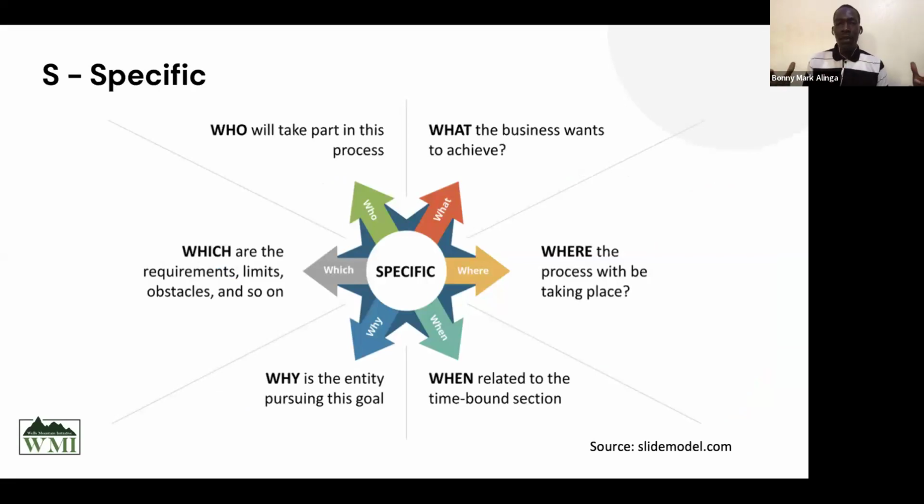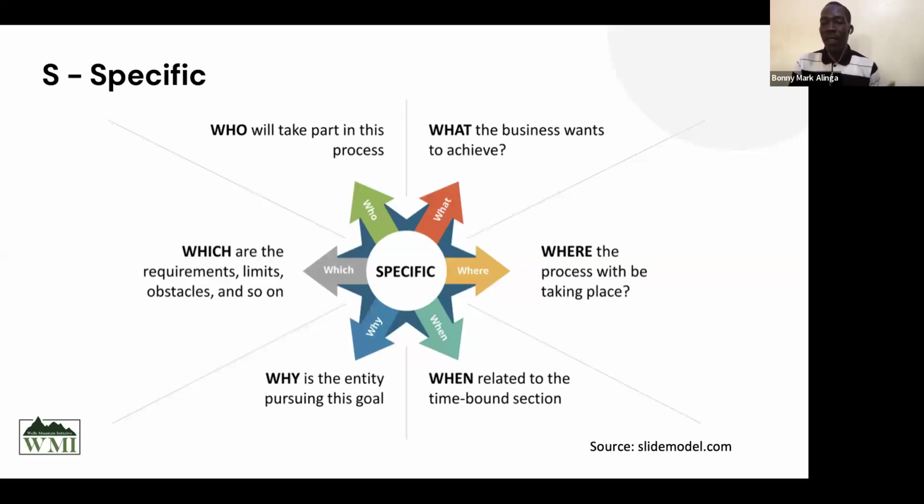The letter S, we talked about being very specific, and being very specific in the SMART goal means you're answering the 6 W's: the who, the which, the why, when, where, and what you're going to be doing. As I mentioned, this brings you the comfort of making sure whatever you're doing is actually aligning to what you would want to achieve.